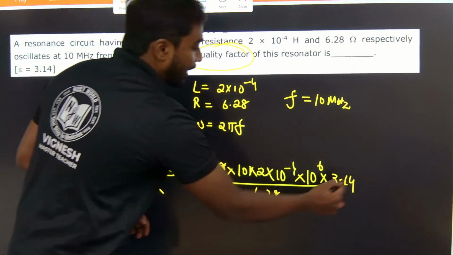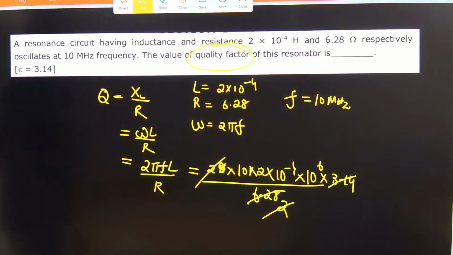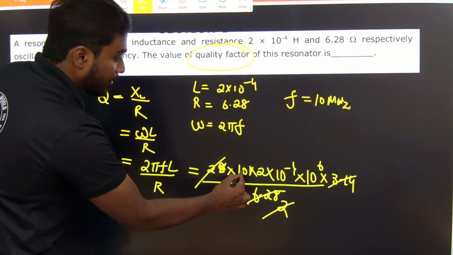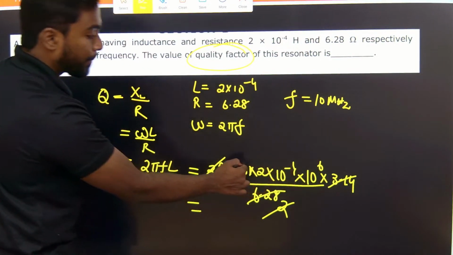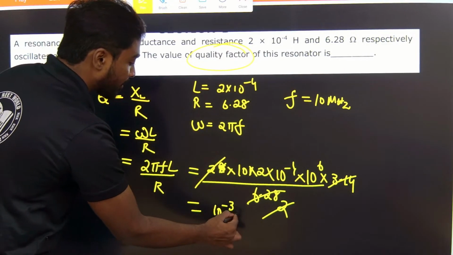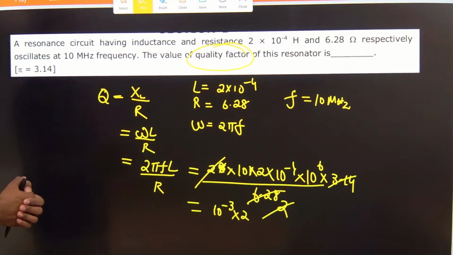This is 1 times and this is 2 times, and 2 and 2 will get cancelled. Now the only thing is I need to calculate this. So 10 power 6 and 10 power 1 gives 10 power 7, and 10 power minus 4. So 10 power minus 3 into 2. So 2 into 10 power minus 3 is the answer. This is the answer for the quality factor.